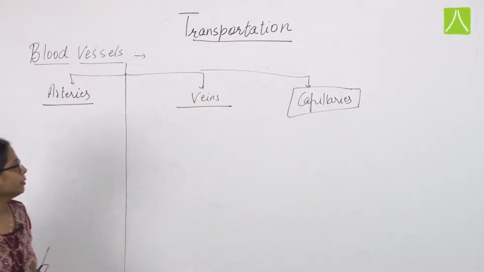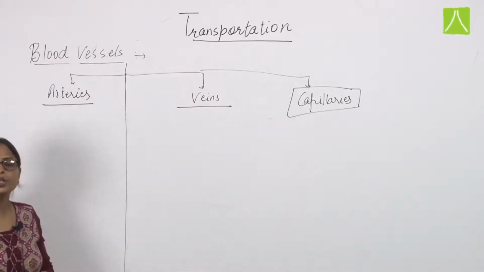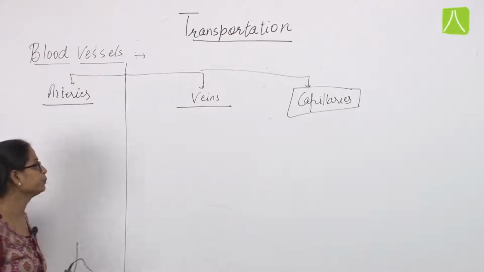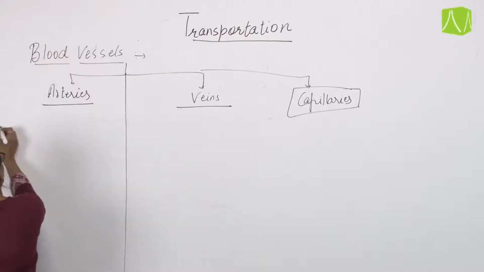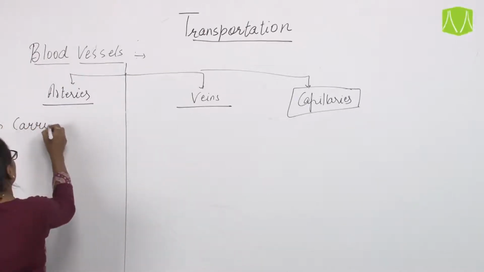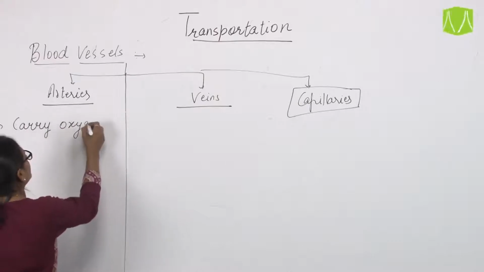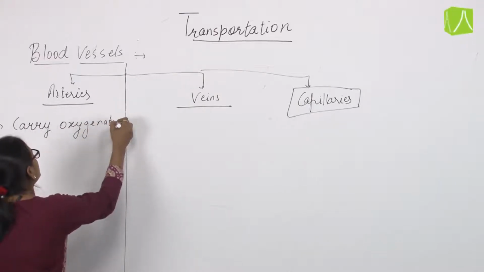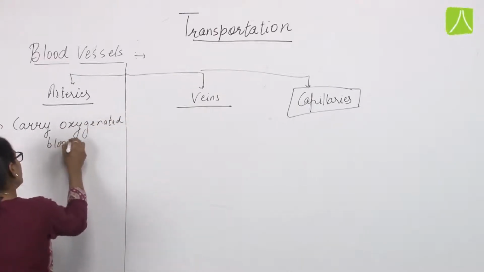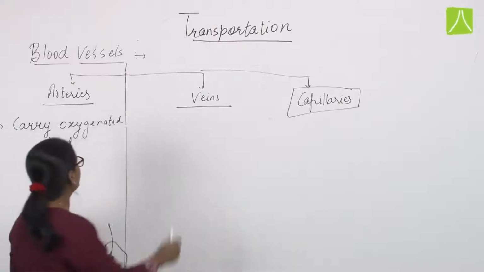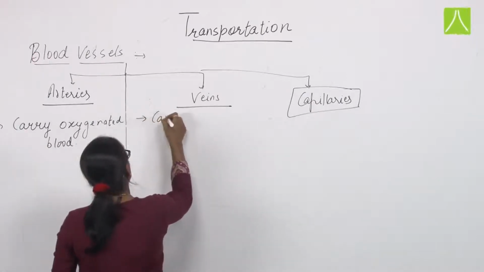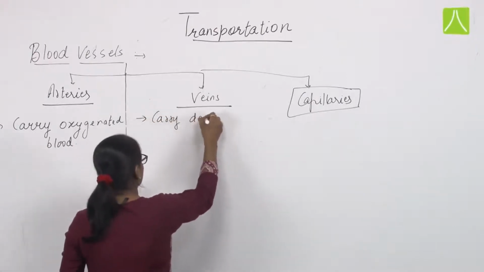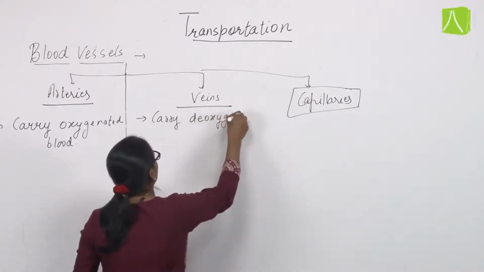Now the basic difference between the two types of blood vessel is that arteries carry oxygenated blood. The most important difference is that arteries carry oxygenated blood, and veins carry deoxygenated blood.